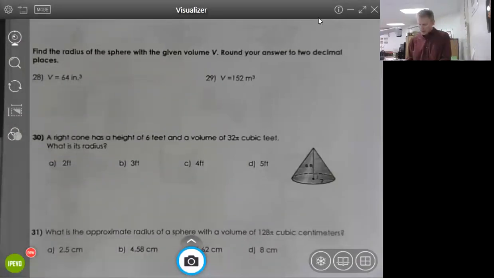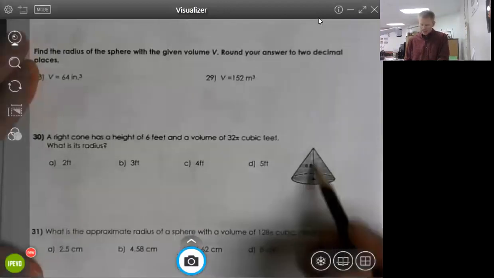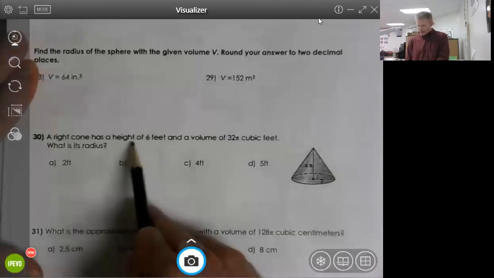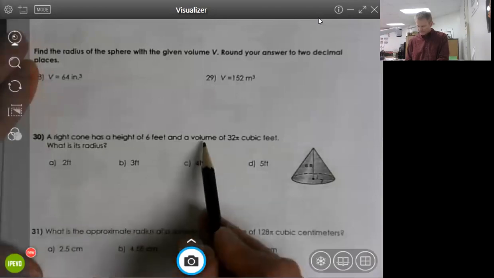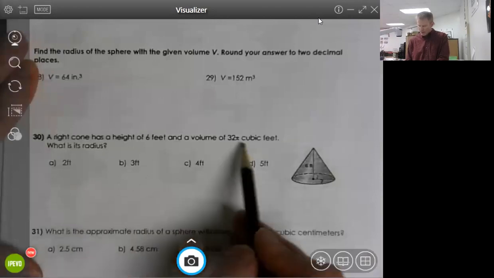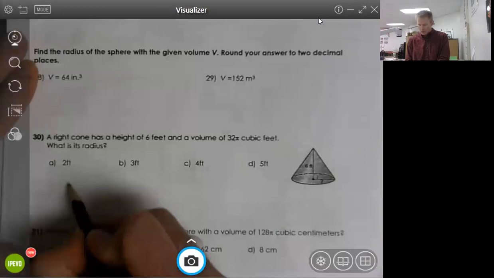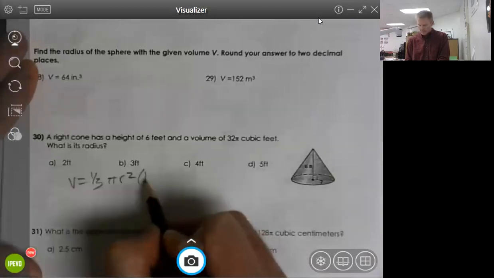With number 30, we have a right cone. Right just means that it's standing up straight with a height of 6 and a volume of 32 pi. The pi is the important part there. So you know that volume is 1/3 pi r squared times the height.